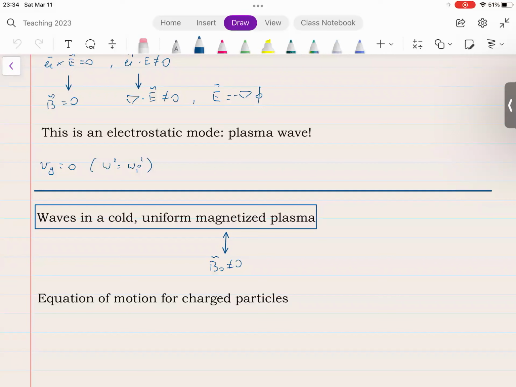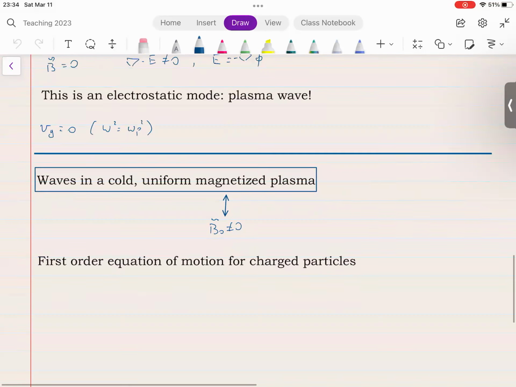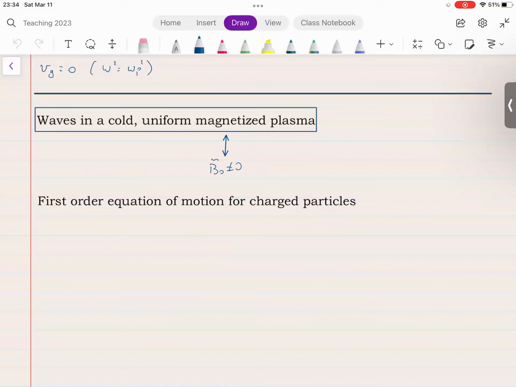And here I should specify, I'm going to look at the first order. Again, as we've done before, I'm going to linearize my equation, assuming there is some type of perturbation. The equilibrium is non-moving, uniform, and nothing ever changes in time or space.